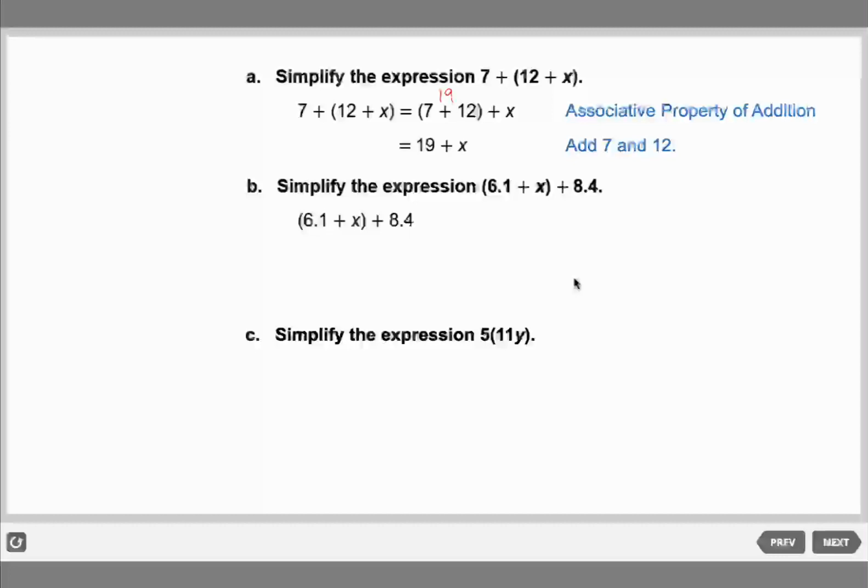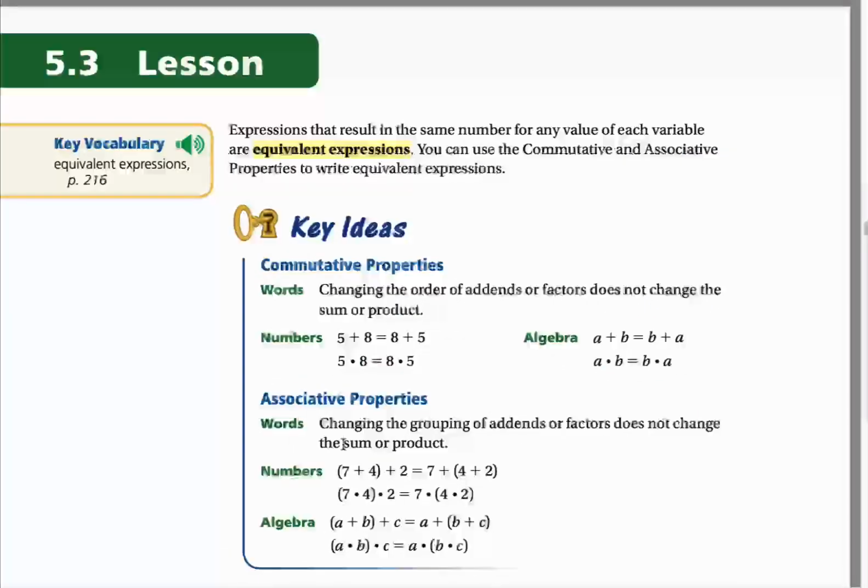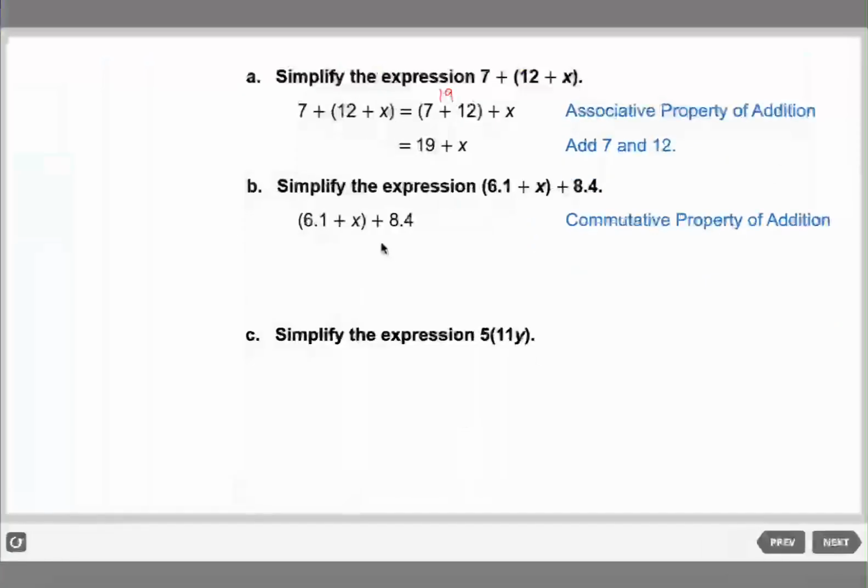Yes? No, remember, associative changes the grouping. But I said we need to change the order. I need to write 6.1, then 8.4. So now I can change the order.